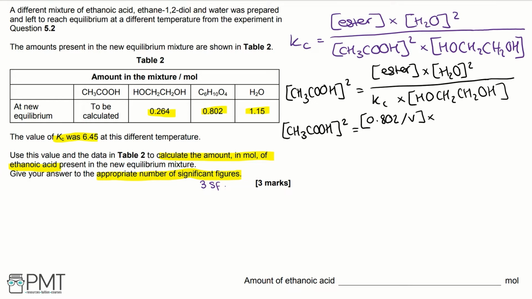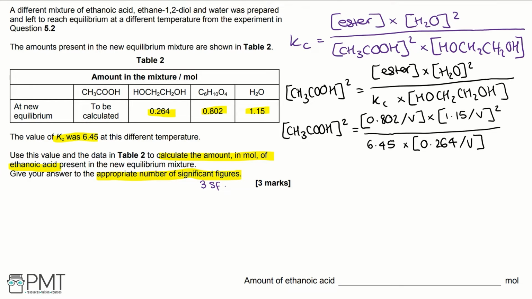Then we're going to multiply by the concentration of water squared, so that's going to be 1.15 divided by a volume squared, and then all of that divided by Kc, which is 6.45, and then multiplied by our concentration of ethane 1,2-diol, which is going to be 0.264 divided by a volume.